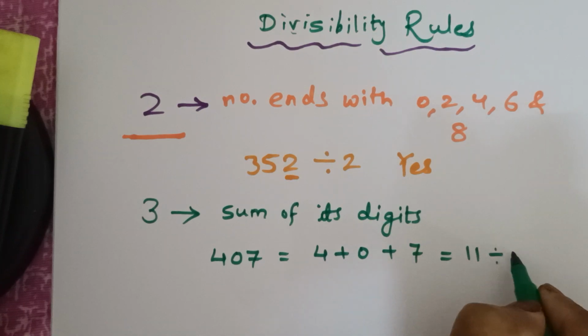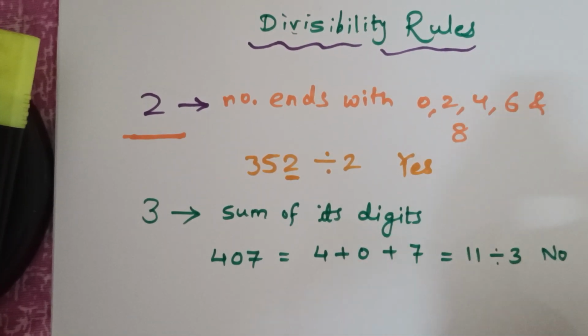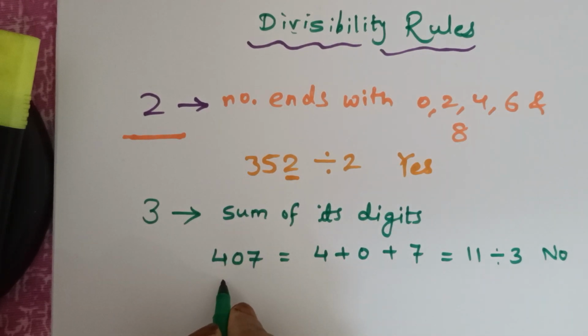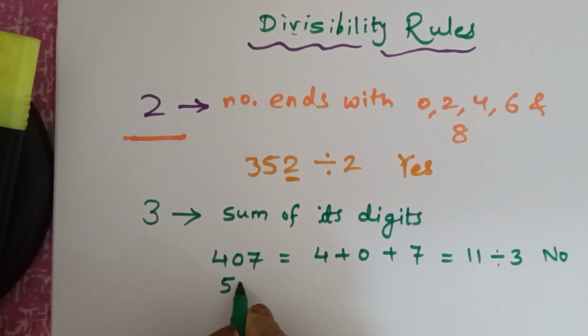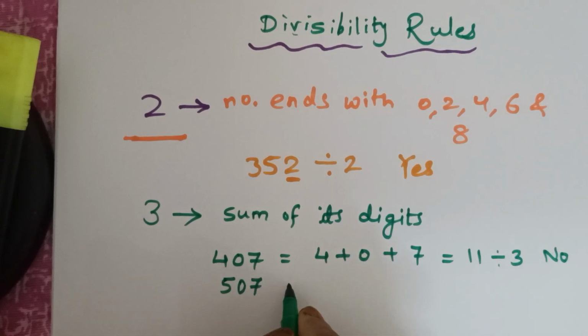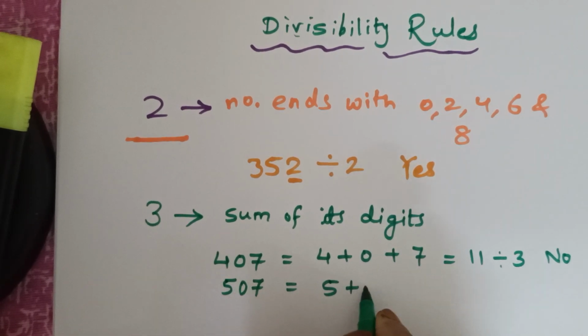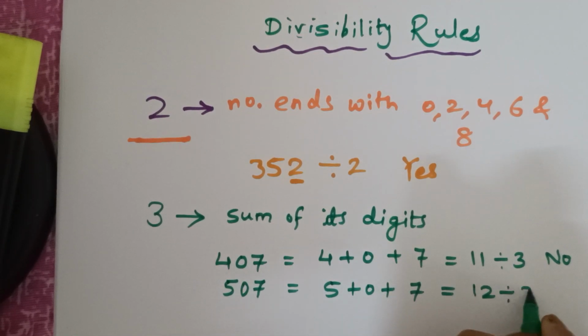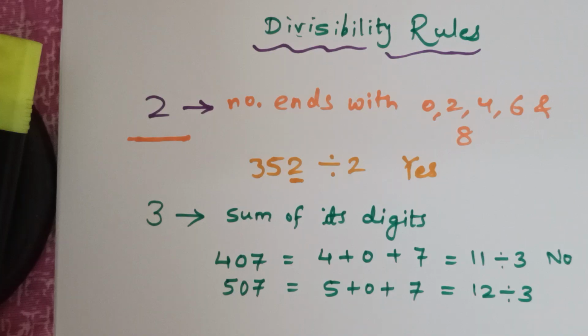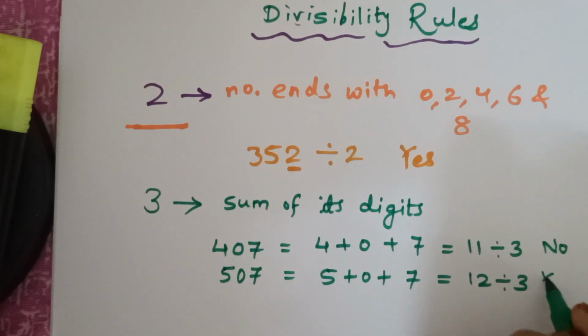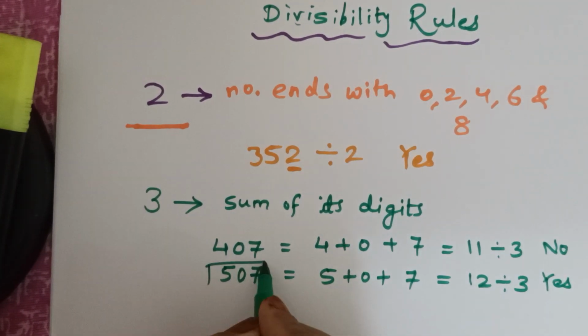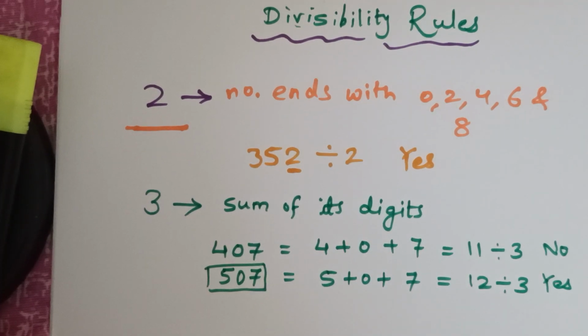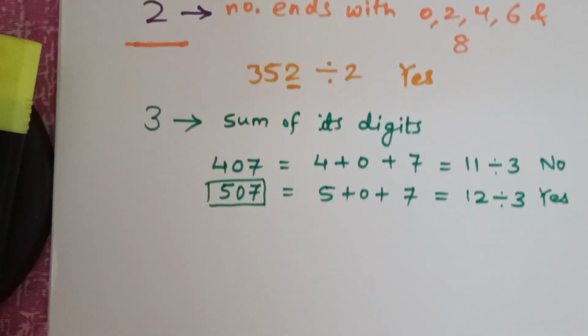I know that 11 is not divisible by 3, so the number is also not divisible by 3. Let's take another number, 507. So 5 plus 0 plus 7 gives me 12. Is 12 divisible by 3? Yes, of course. So my number 507 is also divisible by 3, which is again very easy.